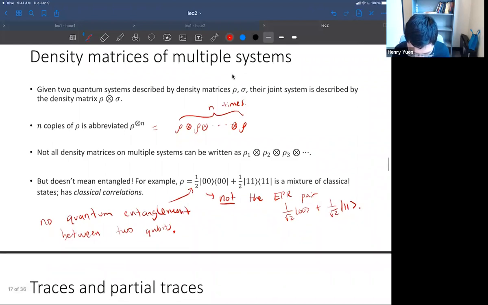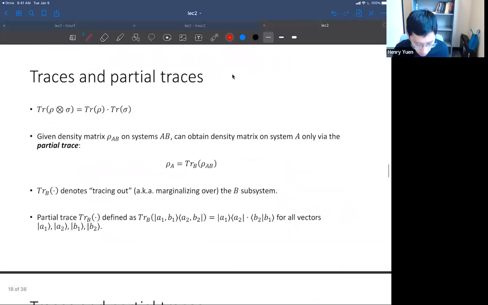In the last 2 minutes, let me just finish up by talking about partial traces. This will come up in the problem set if you haven't looked at it already. Partial traces are just a way of being able to discard quantum systems.